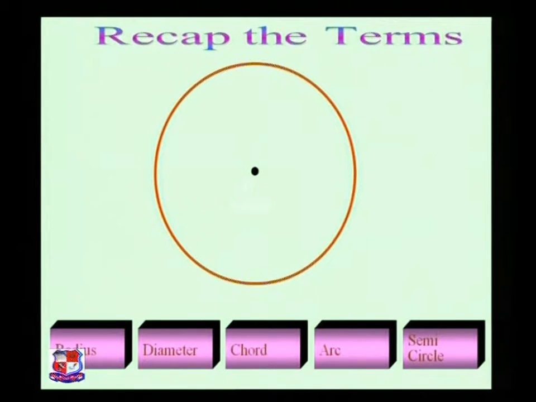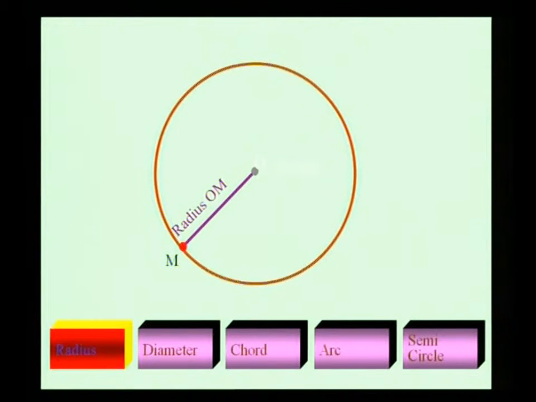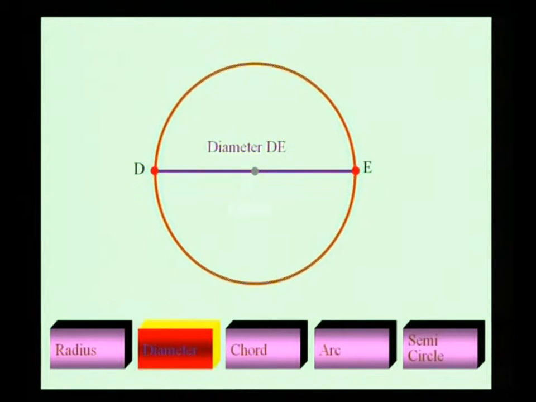If this one is a circle and this is the radius of the circle, which is OM. O is the center of the circle and M is a point on the circle, so OM is the radius of the circle. Then this is the diameter, DE is the diameter of the circle.